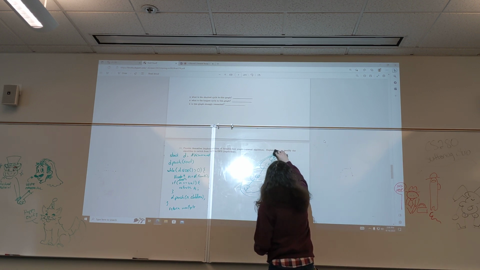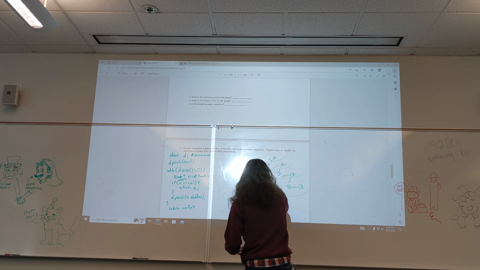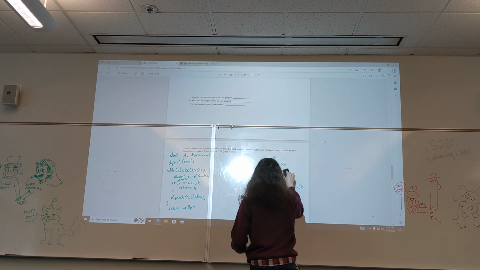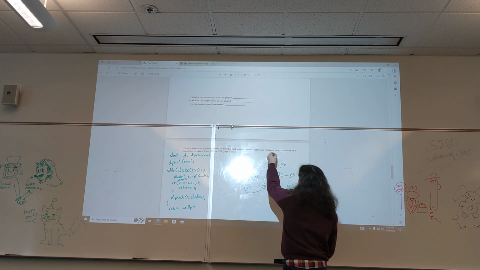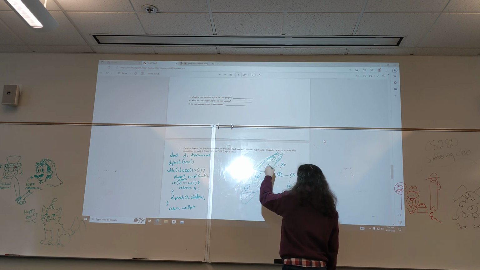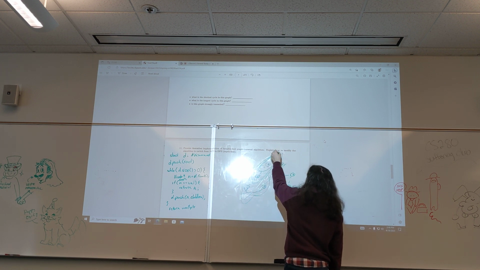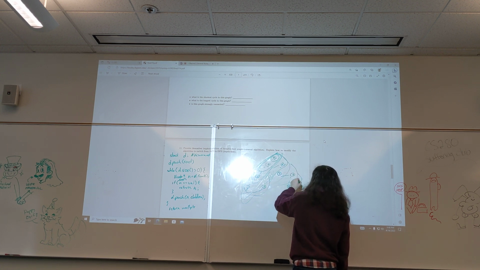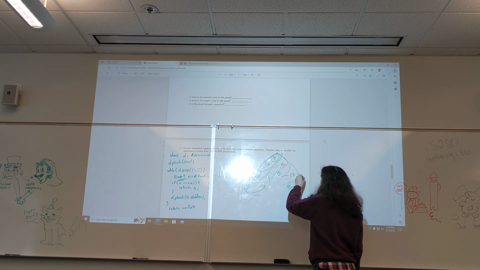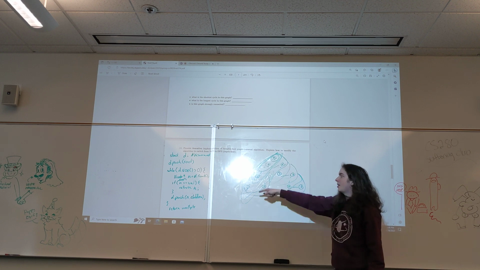For depth first, it actually looks like this, and then this, and then this, and then this, and then this, including this one, and then we start going over here, and then here, and then here, and then here. So we prioritize depth and then breadth.